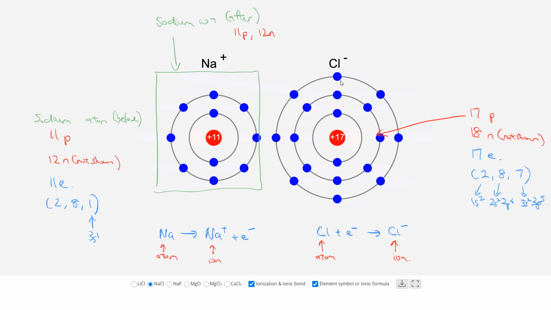Nothing has changed there. But you've lost an electron, so you only have 10 electrons now. Because you have 11 protons and 10 electrons, that means you have one more proton than an electron. So now you have a positive 1 charge. If you have a charge, you are not an atom. And that is why you are a sodium ion.